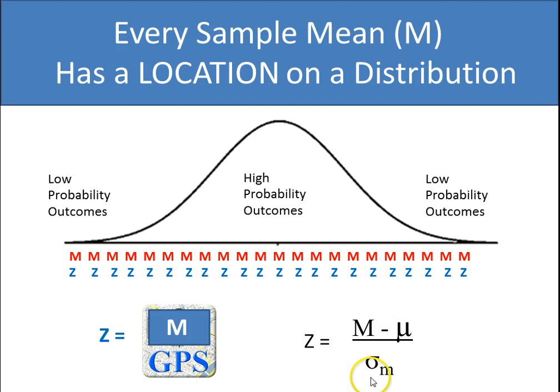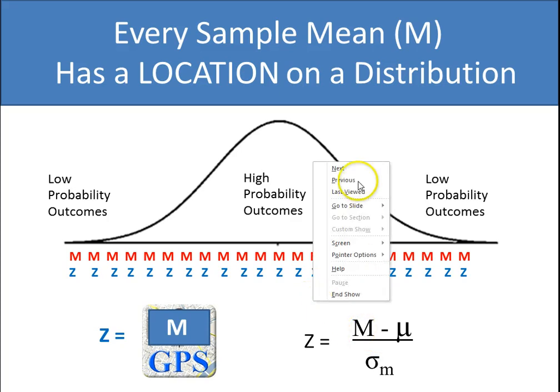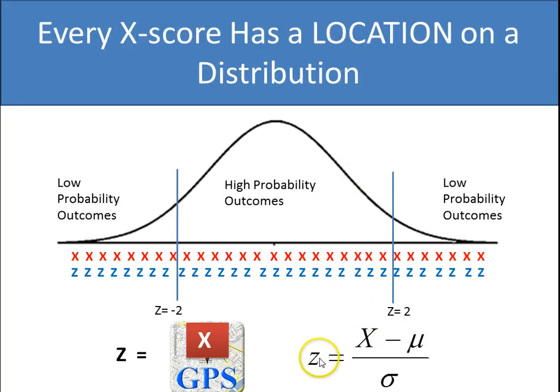And the formula looks a lot like the z-score formula that we used in the last unit, but now notice that in the previous unit, to calculate a z for individual x-scores, we got a deviation score between an individual x-score and the mean and divided it by the standard deviation.